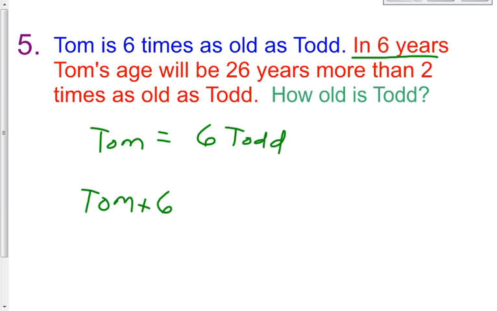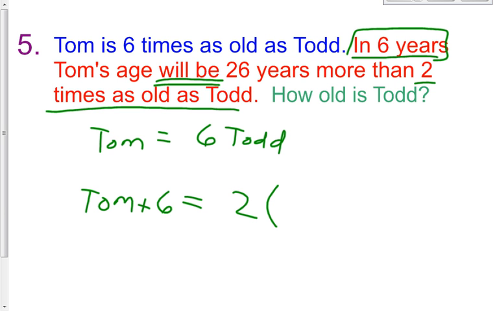His age will be, that means equals, 26 more than 2 times as old as Todd. So this is 2 multiplied by Todd's age after these 6 years have happened, so Todd's age plus 6.